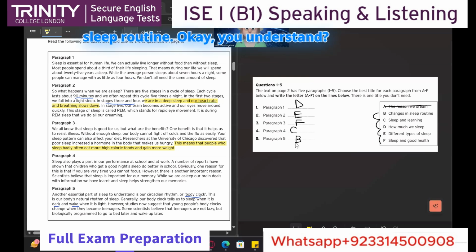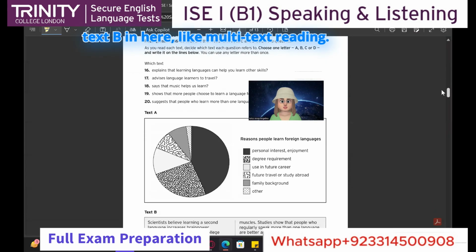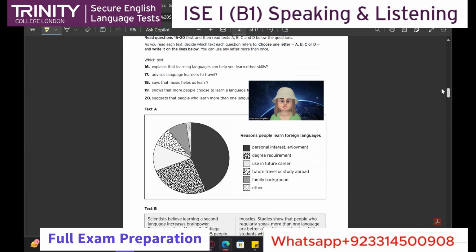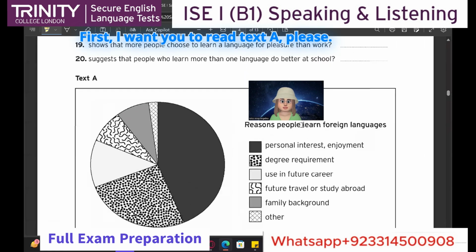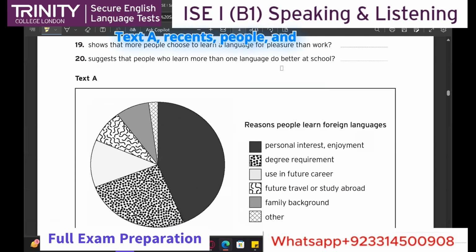Okay. You understand? Okay, now we're going to move to text B, like multi-text reading. First, I want you to read text A, please. Text A, reasons people learn foreign languages.